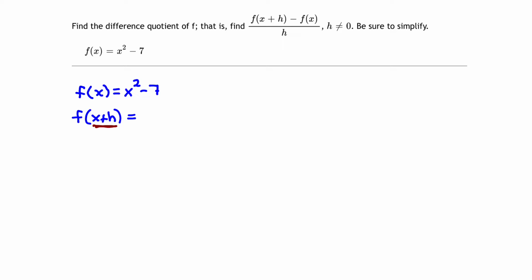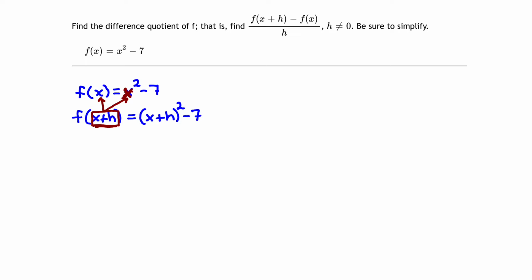It's going to replace the x in our original space right here. That is, f of x plus h is just x plus h squared minus 7. Do you see how x plus h replaced that x in that first spot? You just stick it right there, and that's going to be x plus h to the second power minus 7.